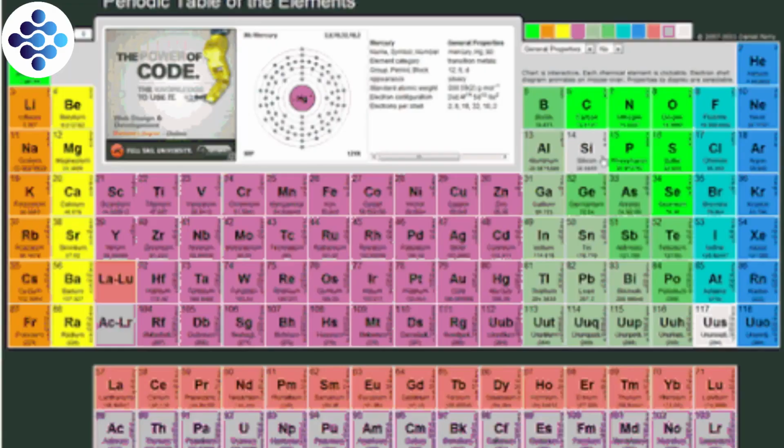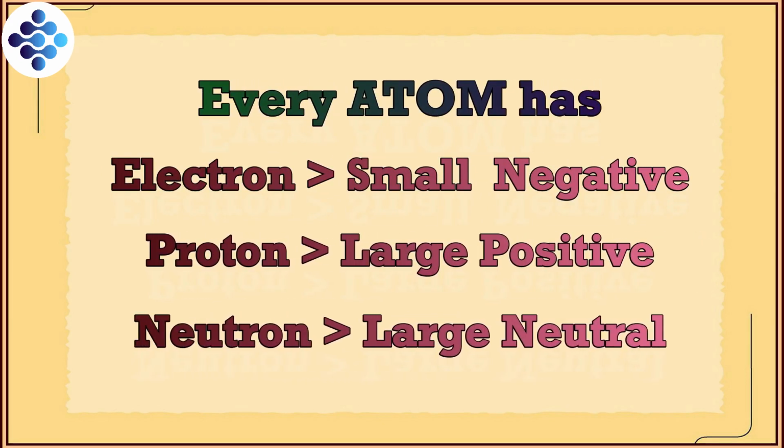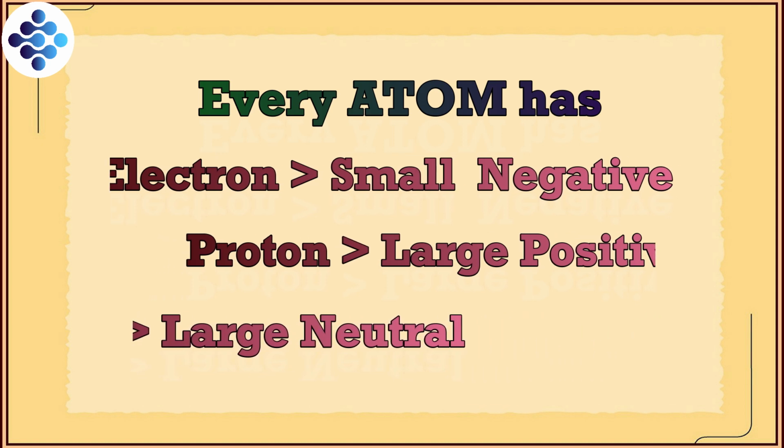Now, how do elements differ? How are they arranged in the periodic table? Every atom has three types of particles. Electron, which is negatively charged and it's smaller. Protons, they are positively charged and they are larger. Neutrons, they are also large but they are neutral, no charge.